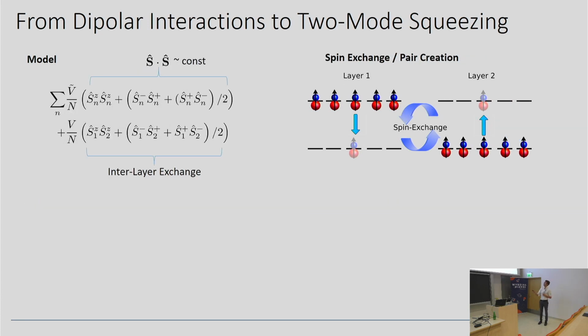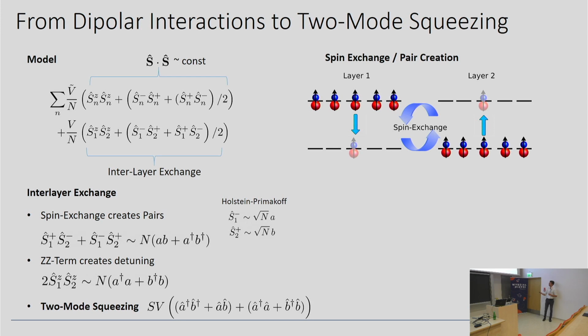I can look at the intralayer interactions, which are now just S.S, so in the collective manifold they are constant and don't affect the dynamics, so I can drop them and only keep the interlayer spin exchange. And now I can do another trick. Since these are very, very large spins, the curvature is small, close to the polarized states, so I can expand in bosons, or simply do a Holstein-Primakoff transformation.